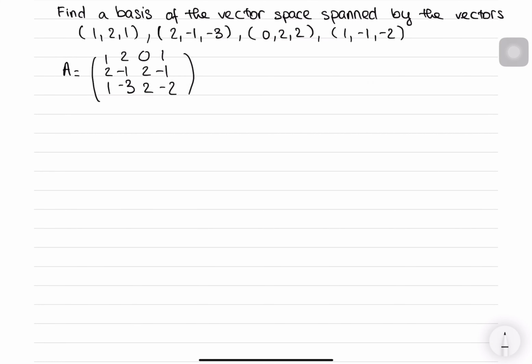In the first row, we can see that our pivot is 1. And our job is to eliminate every element below it. Very simple. We're going to multiply minus 2 by R3 and add it to R2.